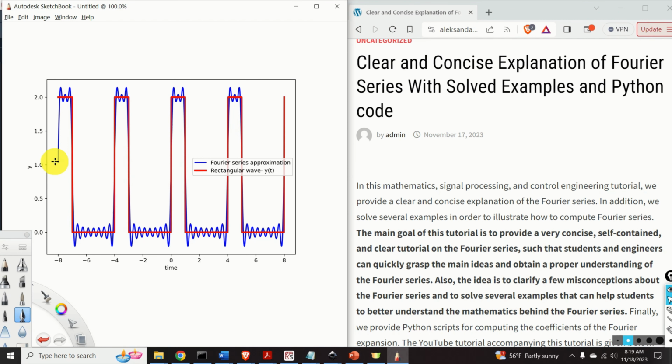On the other hand, the blue line represents the Fourier series approximation of this function. And over here, I only take 21 terms of the Fourier series expansion to approximate this function. Note that the blue function is actually a sum of sine and cosine functions.